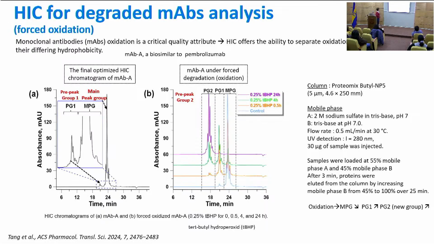And again, the comparison: the evolution of the profile when MABs are submitted to increased degradation. Here it was a MAB similar to a biosimilar, and we know that the percentage of oxidation is also a critical quality attribute, as I showed you at the beginning of the presentation.